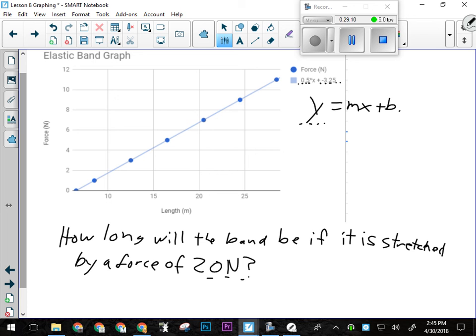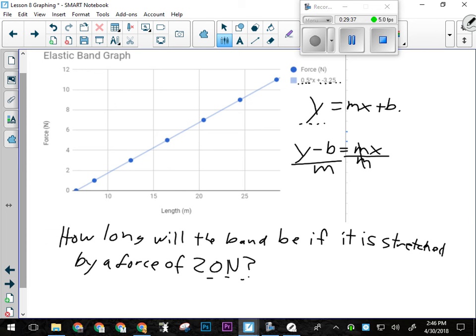So we said the first thing we want to do is subtract b over to the other side. So y minus b equals m times x. I'm looking for x, so I'm going to divide both sides by m. Now I'm solving for x. All I have to do now is plug in my numbers. I've already manipulated the equation.